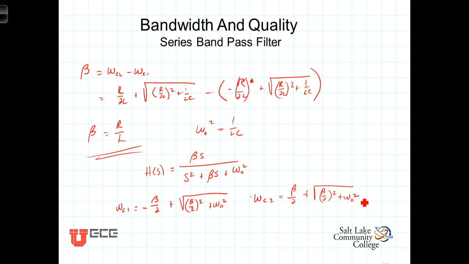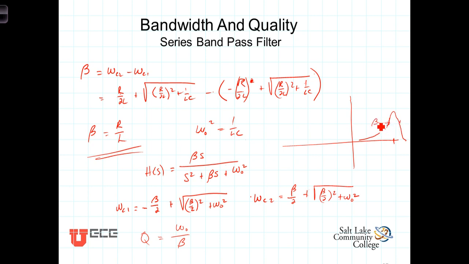Now, one final measure, or parameter, of a bandpass filter is known as its quality, or Q. So the quality of a filter is equal to the ratio of omega naught divided by beta. If you stop and think about this, we have up here at some omega naught a bandpass filter of sorts, where that is the bandwidth.